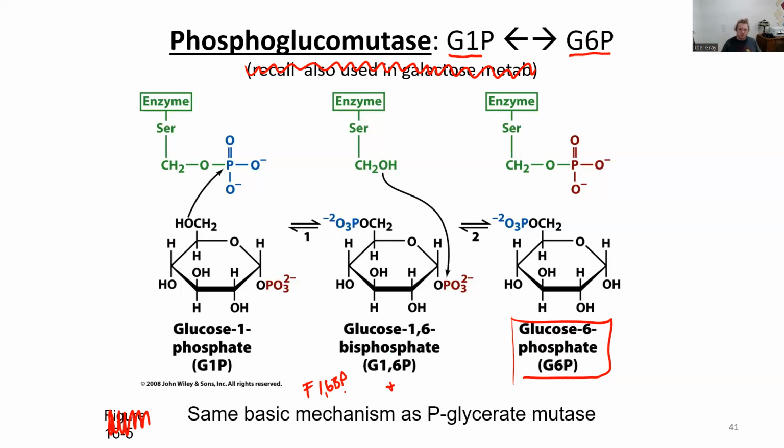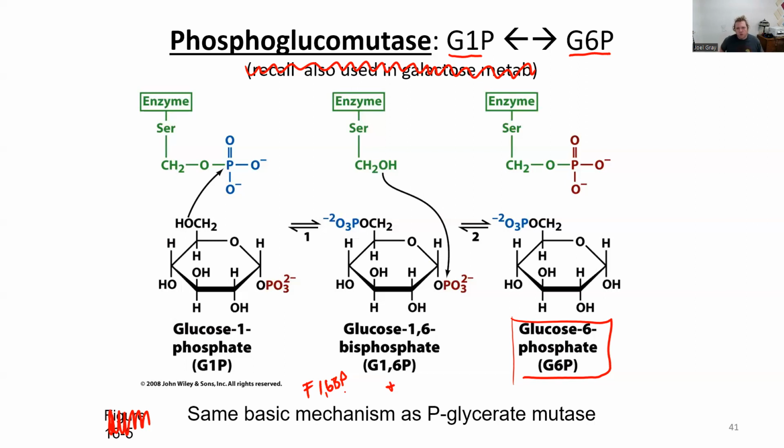Is fructose 1,6-bisphosphate the same as glucose 1,6-bisphosphate? No, it's not. Fructose 1,6-bisphosphate is a doubly phosphorylated ketose, whereas glucose 1,6-bisphosphate is a doubly phosphorylated aldose. So these sugars are different. They're both 6 carbons and both doubly phosphorylated.